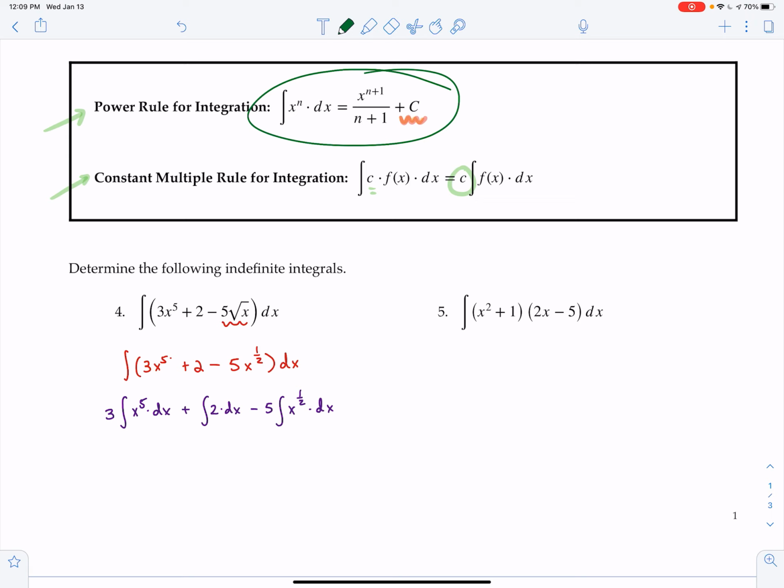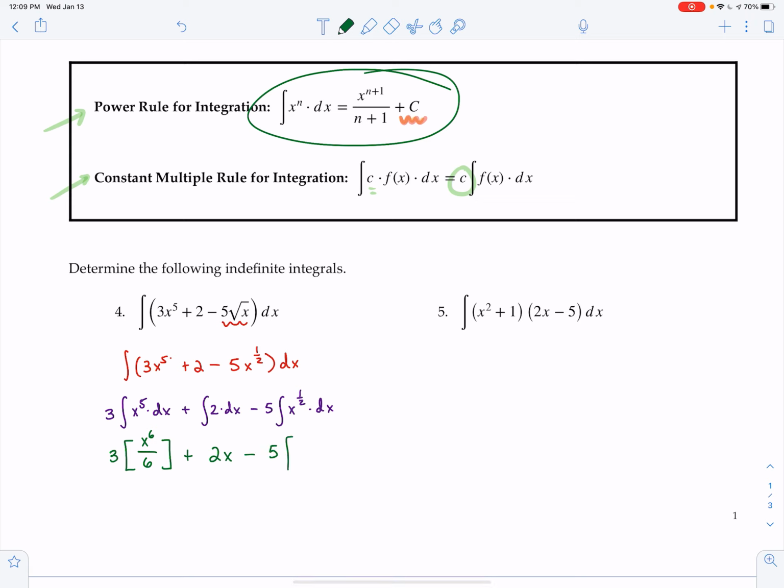So for instance, this antiderivative here of x to the 5th is going to be equal to 3 times x to the 6th over 5 plus 1, which is 6, plus 2 times the integral of dx. This one is easy. Whenever we take the integral of a constant, we are then just going to end up with that constant with x tacked onto it, or whatever our variable happens to be, minus 5.